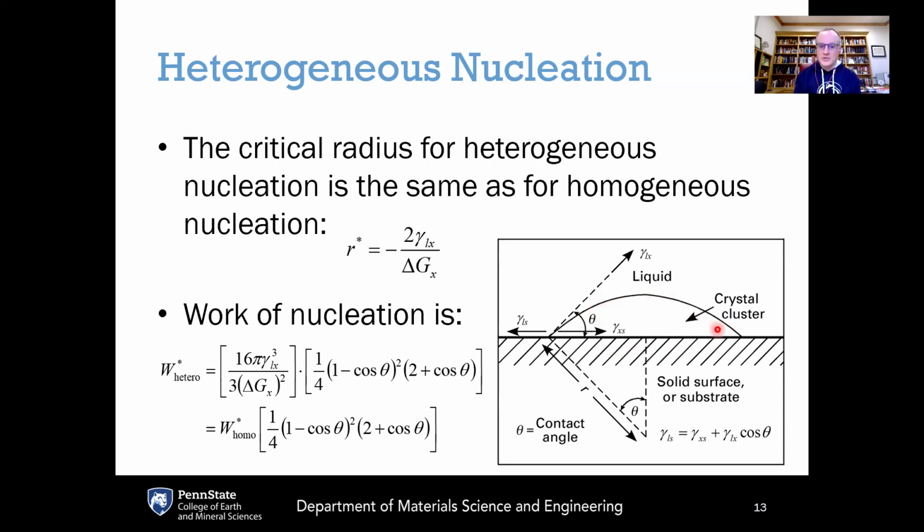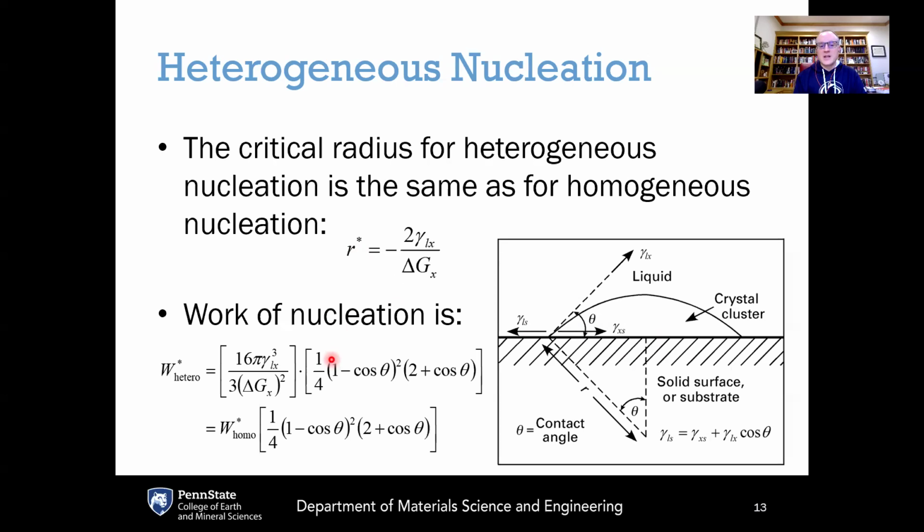With that geometry, if we solve for r star, the critical size nucleus, we get the same value as before. It's still just -2 gamma Lx over delta G sub x, where this is still just the gamma between the liquid and the crystal. So there's no change of the size of the critical nucleus between homogeneous and heterogeneous nucleation. It's exactly the same r star.